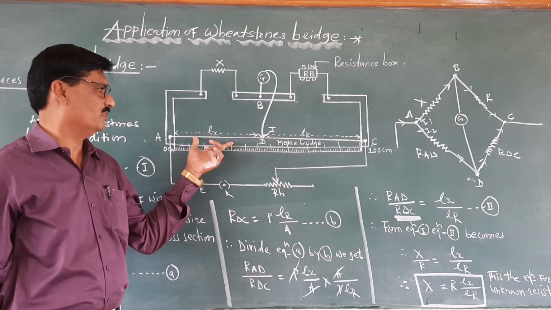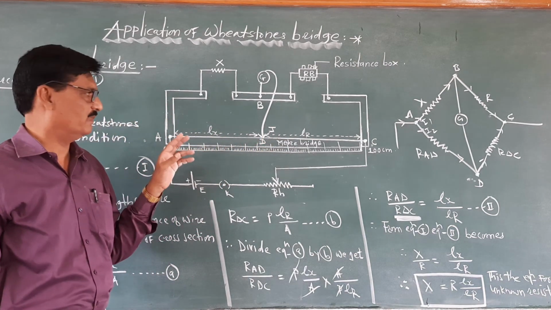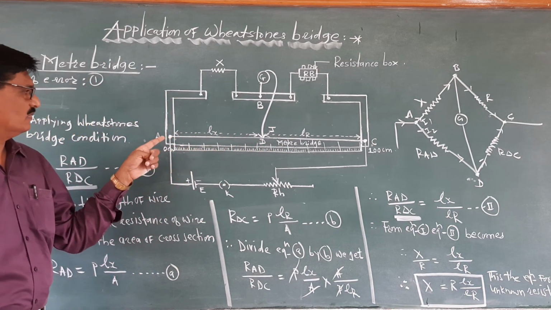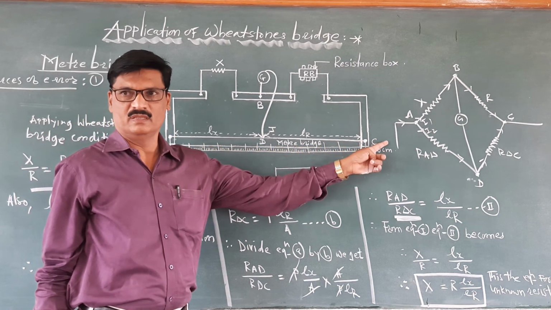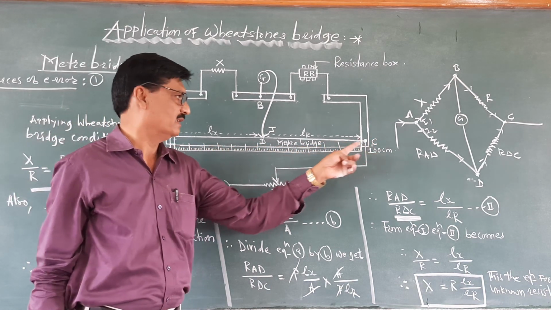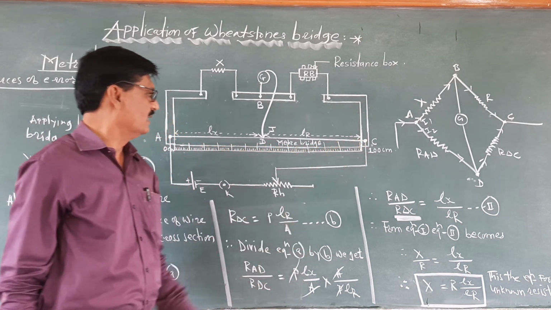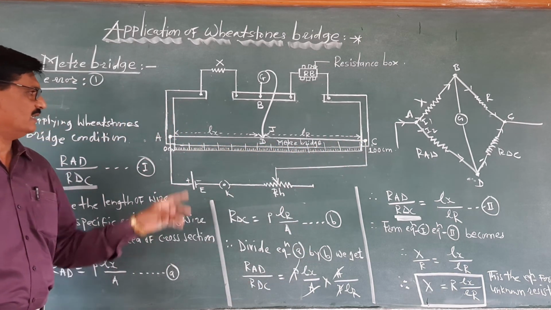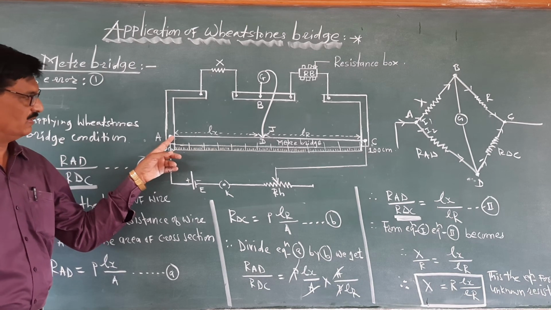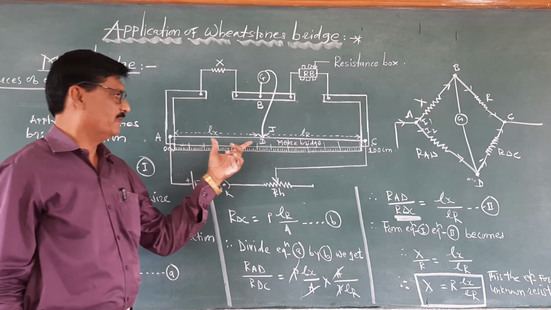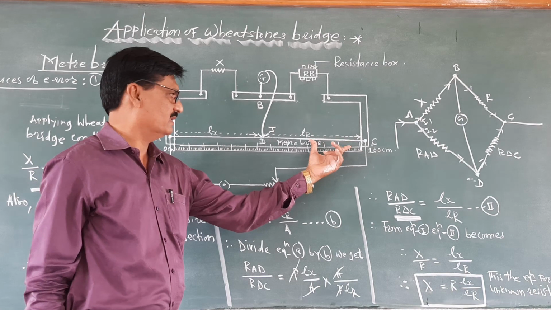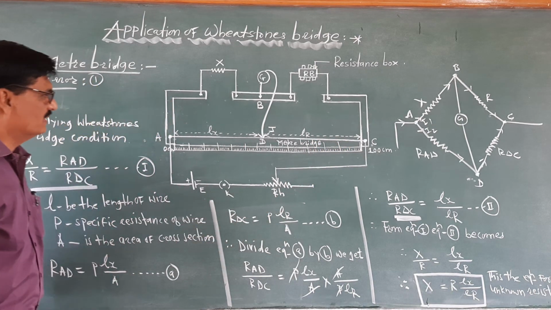If the wire is not uniform, then errors are developed. Second, contact resistance is developed where the wires are connected. If the connection across point A and point B is not clean, errors are developed. And third, if the measurement of Lx and Lr is not accurate, errors are developed.